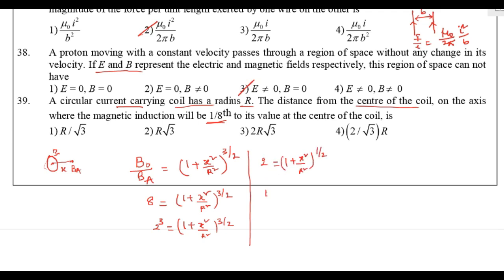Then squaring on both sides, this will become 4 equals 1 plus x square by r square. Then x square by r square is equal to 4 minus 1, which is 3. So x is equal to root 3 r.